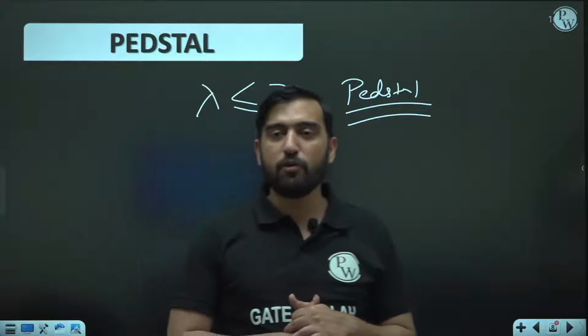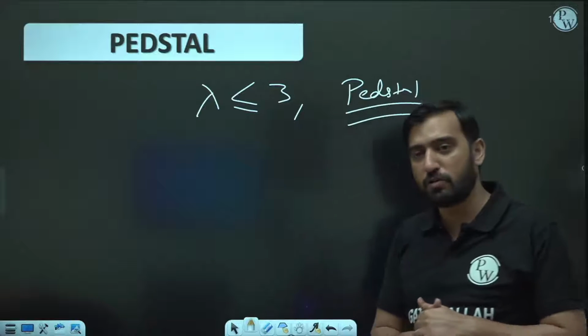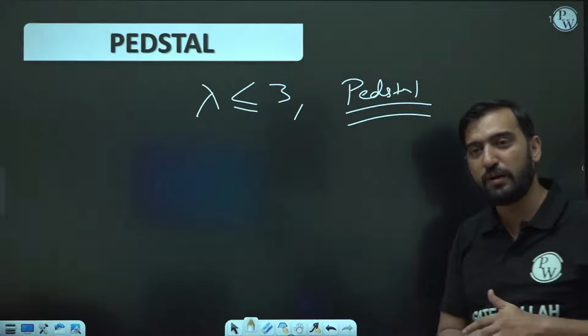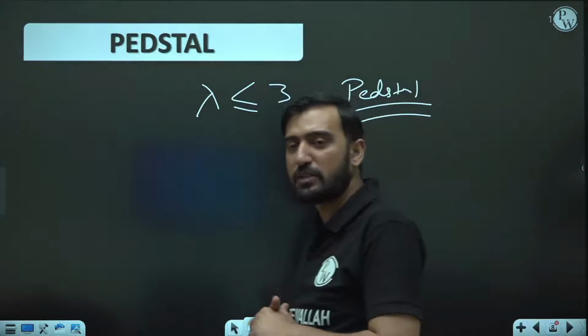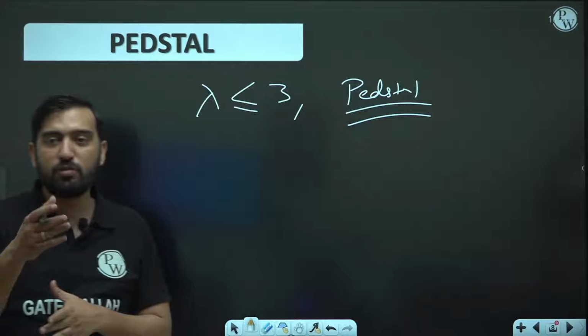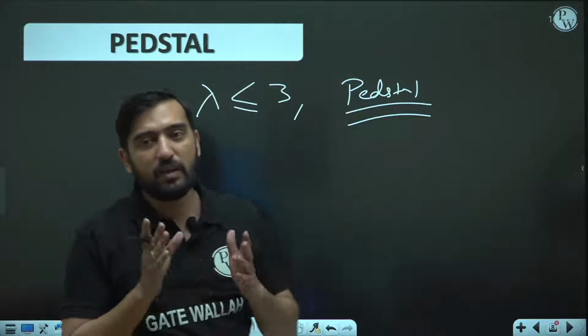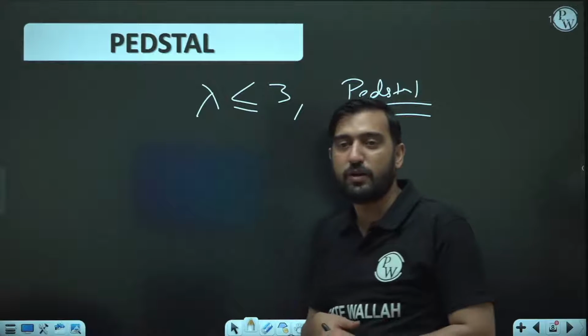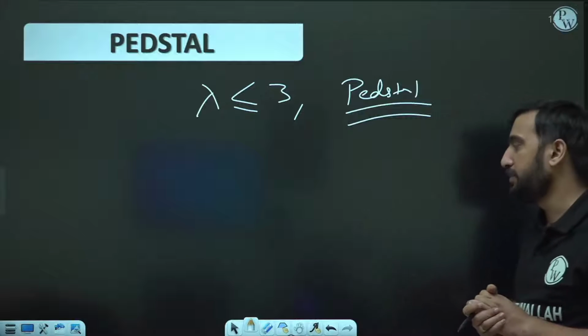The prime mode of failure of a pedestal is crushing only, with no chances of buckling. In fact, in short columns as well, the chances of buckling are very less. But when the lambda value is close to 10, 11 or 12, there may sometimes be a combined mode of failure.